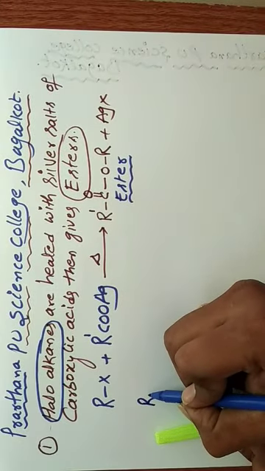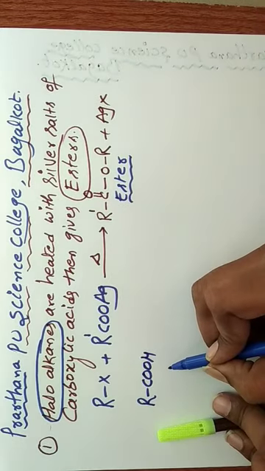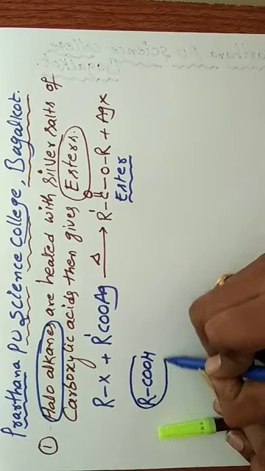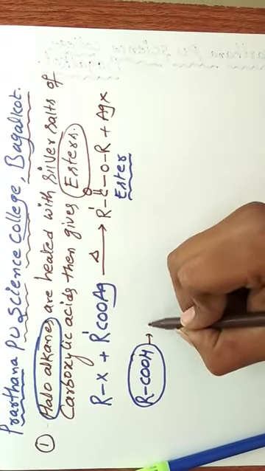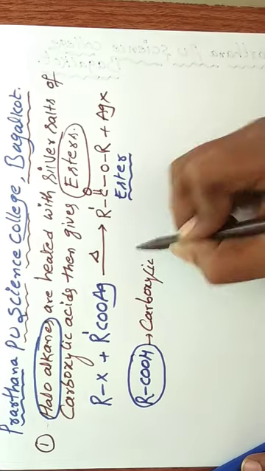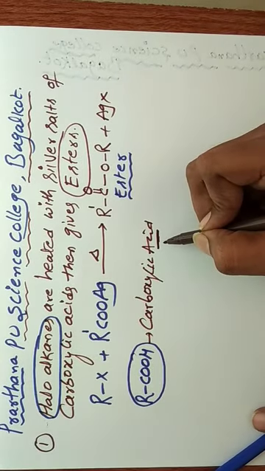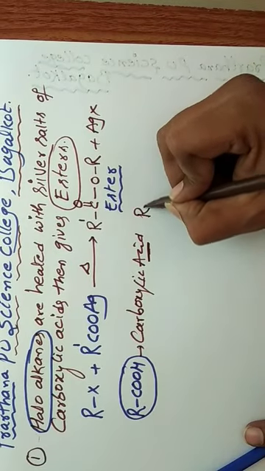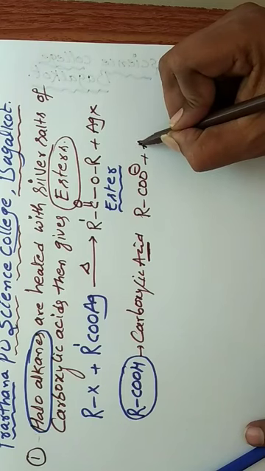R-COOH. According to the Arrhenius theory, an acid is ready to lose an H+ ion. Then what do we get? RCOO minus plus H plus.